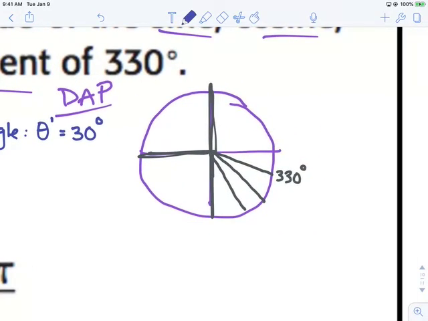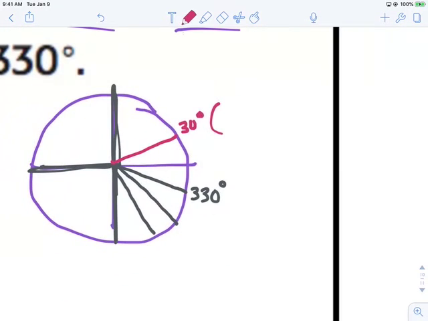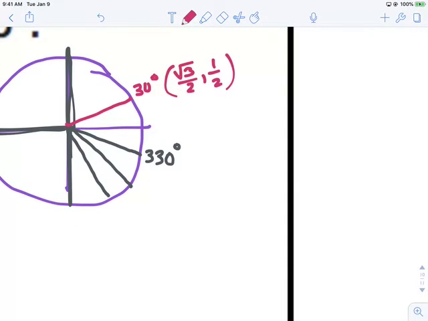Let's put the reference angle here in red on the unit circle, 30 degrees. And you'll look on your unit circle and you'll say x is square root of 3 over 2, y is 1/2.